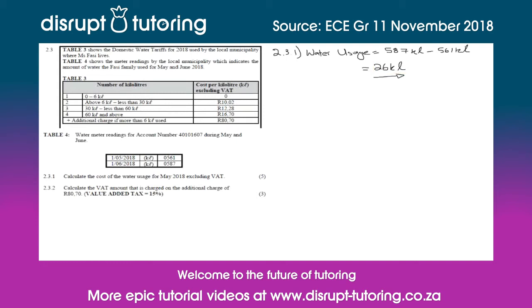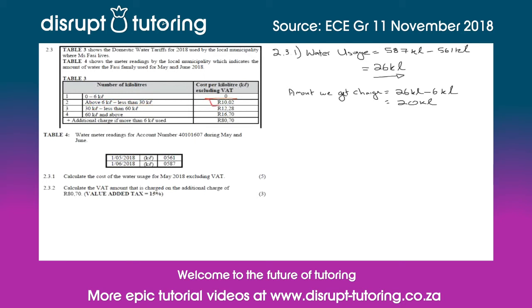So we don't get charged for 6 kiloliters. The amount the Fussy family gets charged is the 26 kiloliters minus the 6 that is free. So that's going to be 20 kiloliters, and this 20 kiloliters fits in this range.